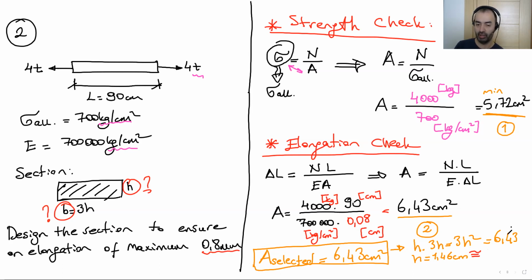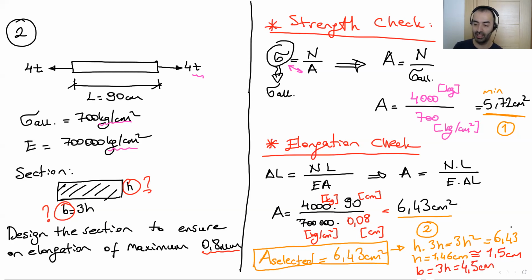But in real life, while we are designing structural members, there is no dimension like 1.46. Doesn't work for real life. Instead, we put here 1.5 centimeter. And if this is h, b is 3h equals 4.5 centimeter.